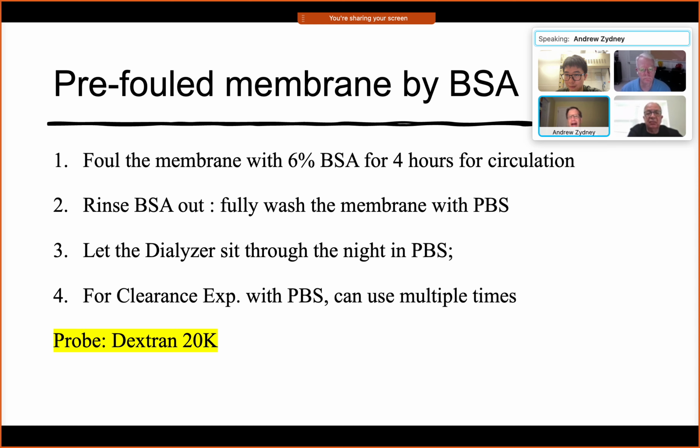We tend to see more fouling when there is some convective flow across the membrane, even if it's not in a hemofiltration mode. Even in hemodiafiltration, you tend to see a little bit more fouling than in hemodialysis, just because the convection brings the protein to the surface of the filter, and you get some buildup, which can contribute to a little bit more fouling.